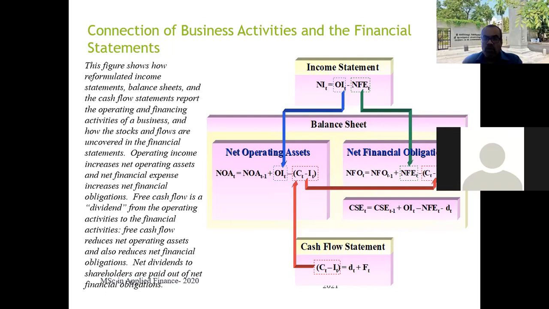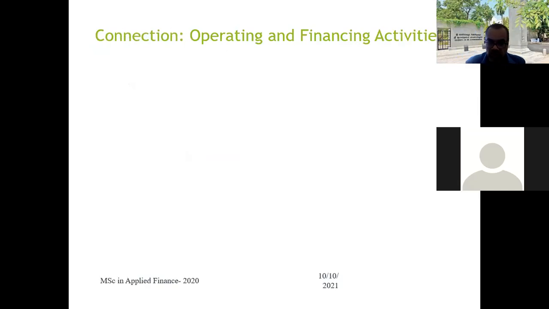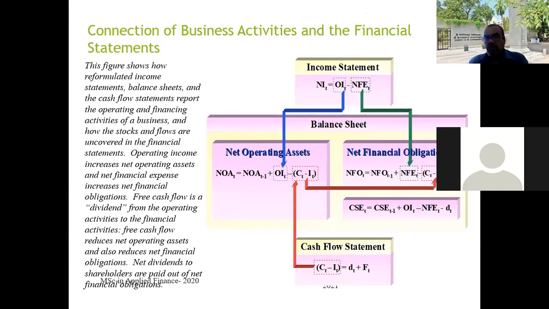The difference between operating income and net income is nothing but finance expense. So therefore it is true. In this example, you have net finance income. As a result, your net income is greater than the operating income.